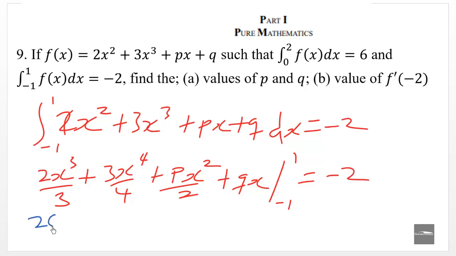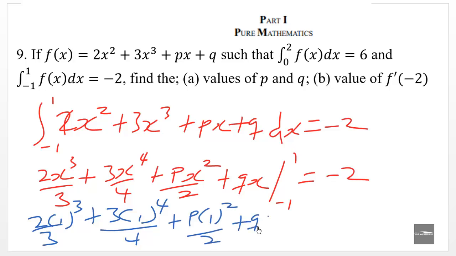This time we fix in 1, and after that we fix in -1 as well. So the whole thing will be minus fixing -1. Let me evaluate it at 1 for the sake of space.